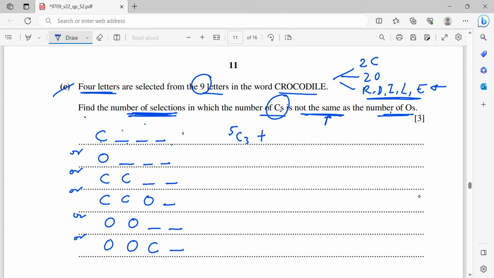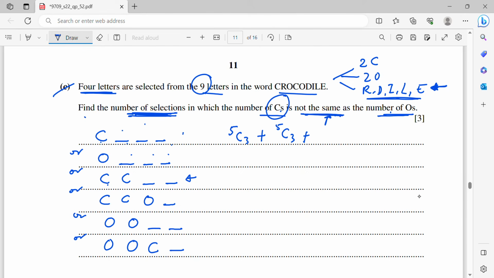For the second one, I need to get 1 O only. So these 3 are not O, not C. I have to choose from R, D, I, L, E. Therefore, again, 5 choose 3.